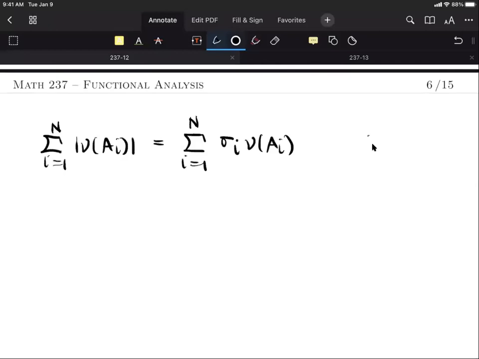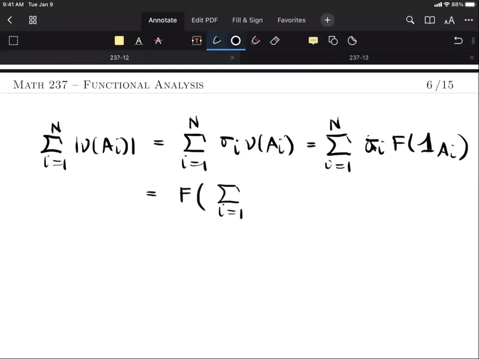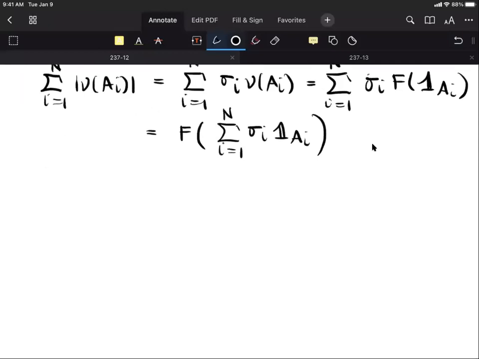The point here is that we can utilize the linearity of F. So this is now sigma sub i, with the definition of nu, times F of the characteristic function of A sub i. So linearity of F leads to the following. So this is F of this linear combination, or I should say this simple function.